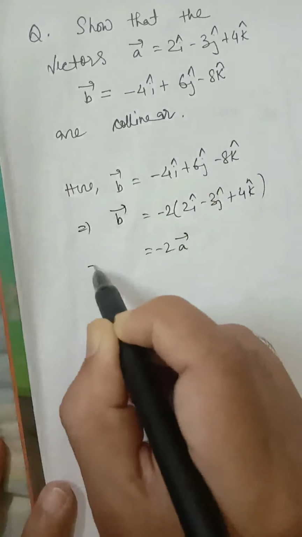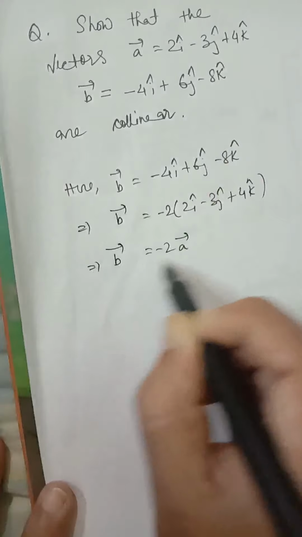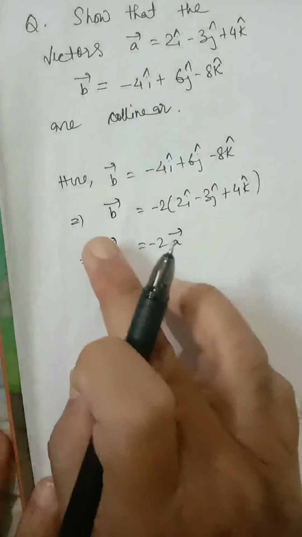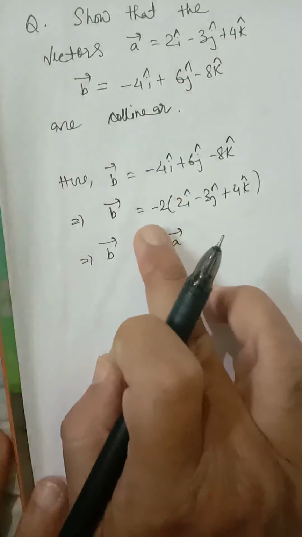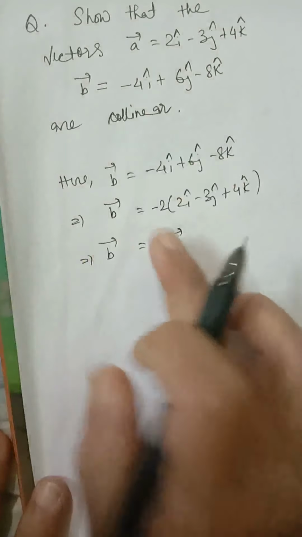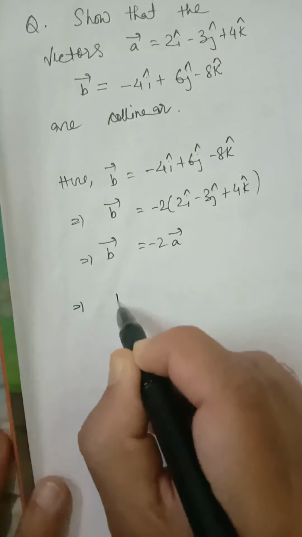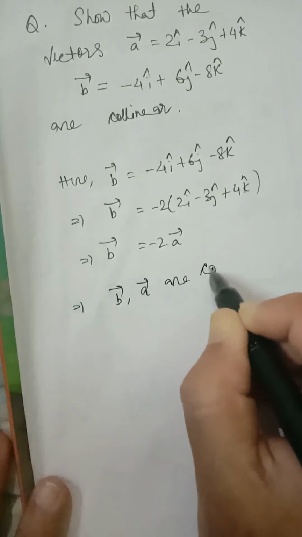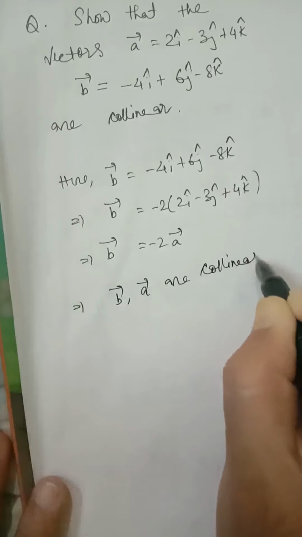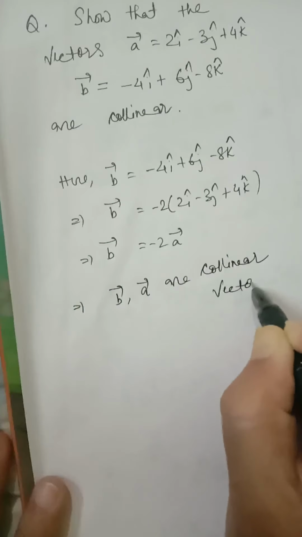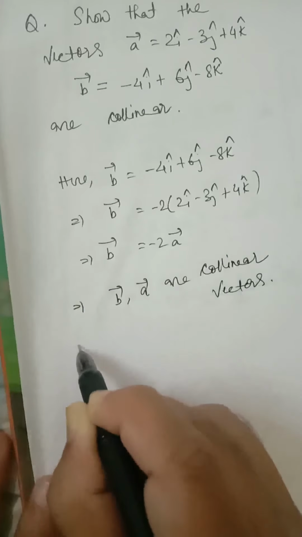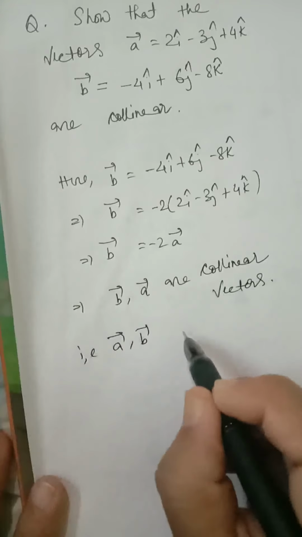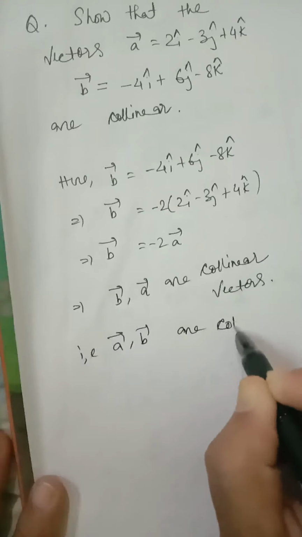So B vector is equal to minus of 2A vector. So we can express the given vectors in the form B vector equals some constant into A vector. This implies B and A are collinear vectors. B and A collinear means A and B are also collinear vectors.